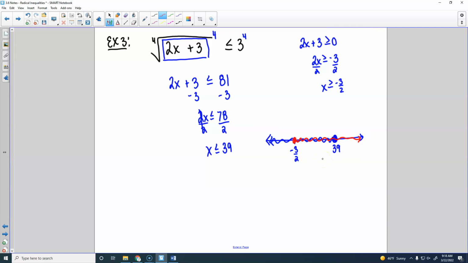So this is going to affect it, because we have this overlap here in between. So we would say that our final answer would be negative 3 halves less than or equal to x less than or equal to 39. Or we could write it with interval notation, negative 3 halves to 39.